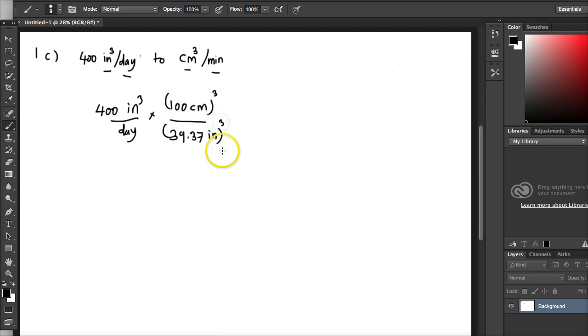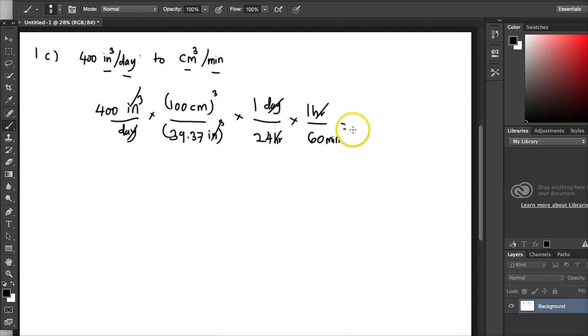so power of 3. And then to convert day to minutes, 1 day is equal to 24 hours, and 1 hour is equal to 60 minutes. So from this conversion, inches cancel out to get centimeter cube, day and hours cancel, so in the end you get minute.